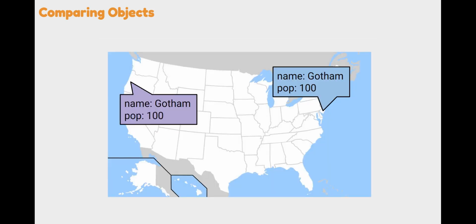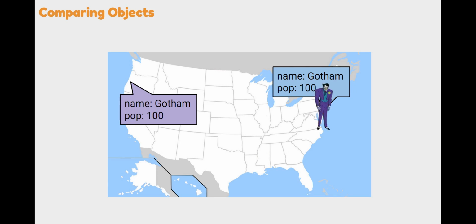So we can imagine on the East Coast, there could be a city named Gotham with a population of 100 people. And on the West Coast, we can also have a city named Gotham with a population of 100 people. Even though all of the instance variables are set to the same values, these are not the same cities.